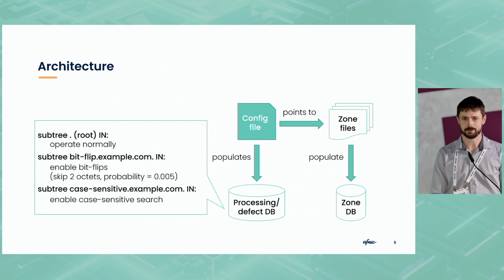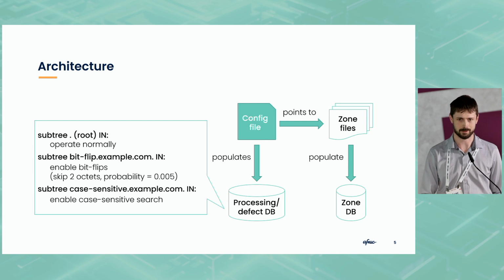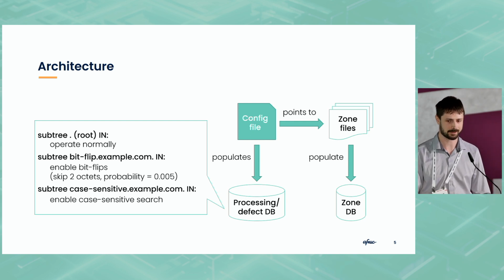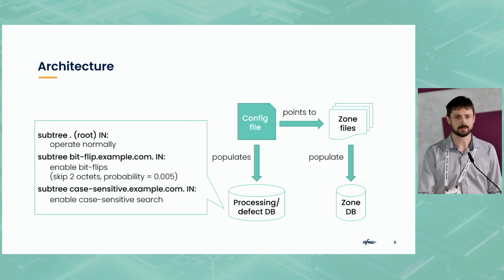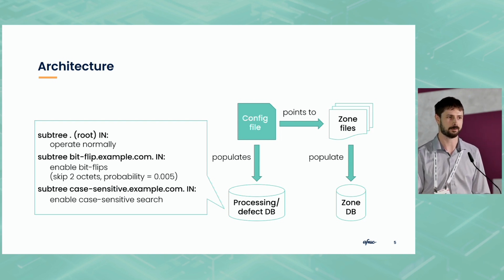The architecture of this server is therefore a bit different from usual toy DNS servers, because we need to both specify which zones to serve, but also how to break them.